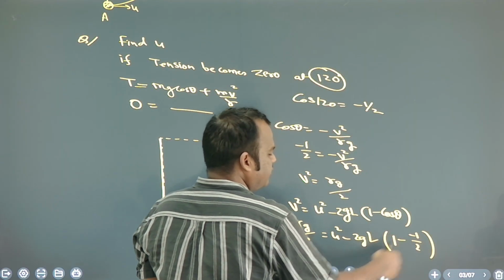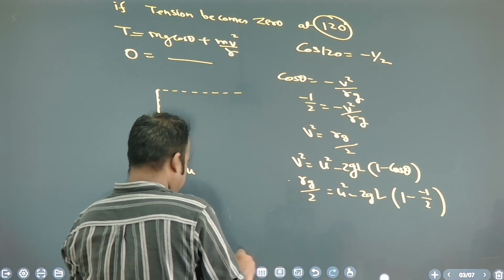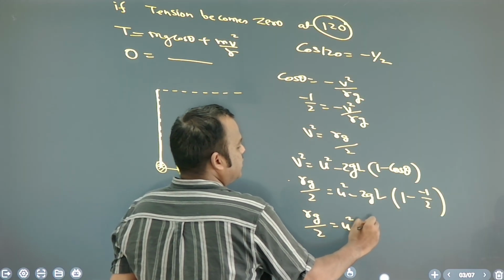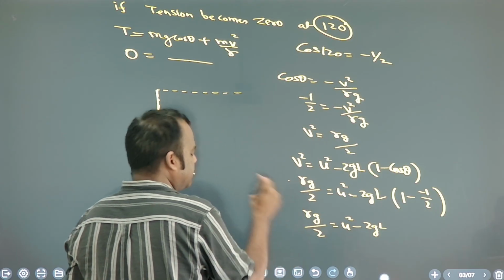Okay, carefully you have to solve. Practice. I will give you the page number and question number, so you can practice. So many questions are there. So rg by 2 is equal to u square minus 2gl. R is L only.